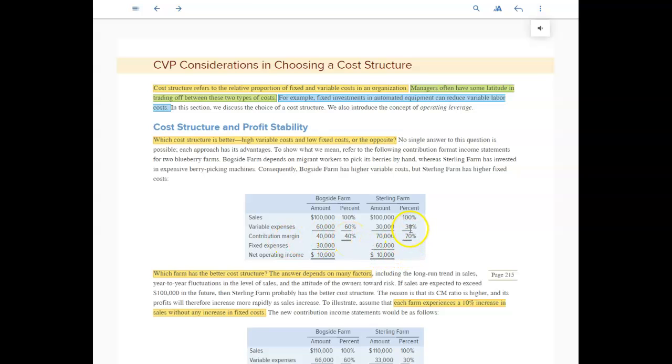For Sterling, we have only a 30% variable expense ratio and a much higher contribution margin ratio of 70%. They both have $10,000 in profit as things stand right now. So the question is, which farm has the better cost structure? And of course the answer depends on many factors.